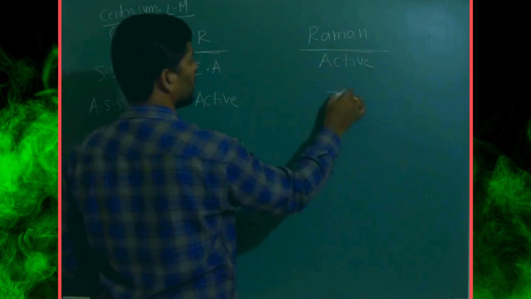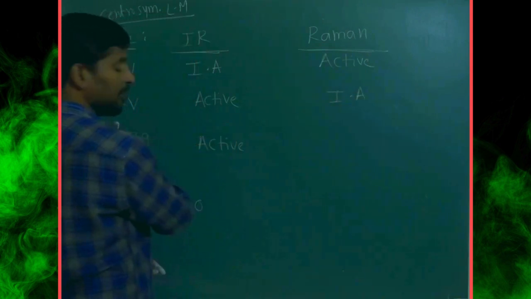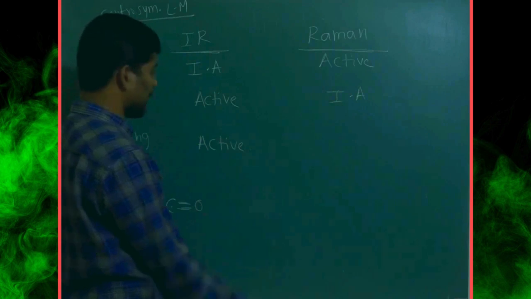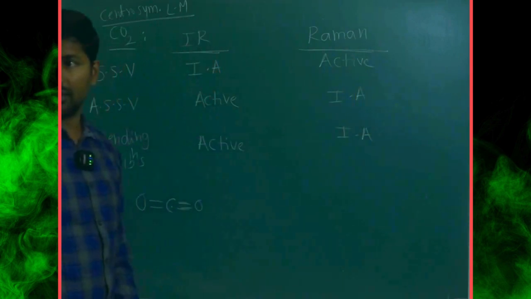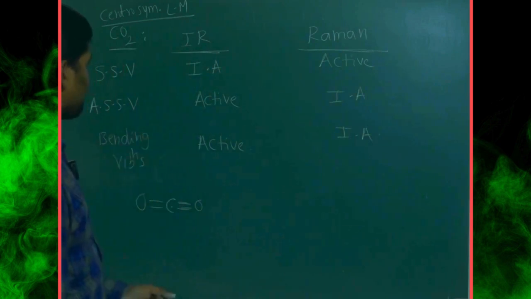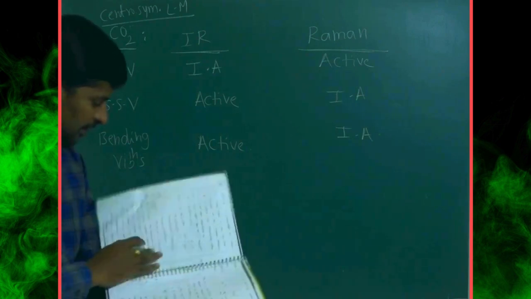IR active is Raman inactive. So anti-symmetric stretching vibration is Raman inactive, and bending vibrations are also Raman inactive. If you see the lines also, we'll get lines like this.